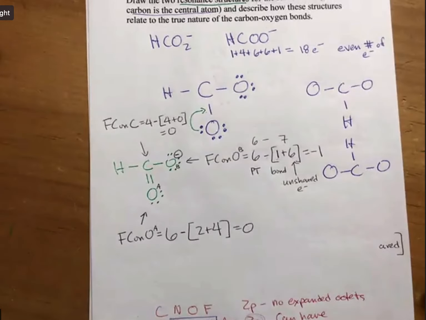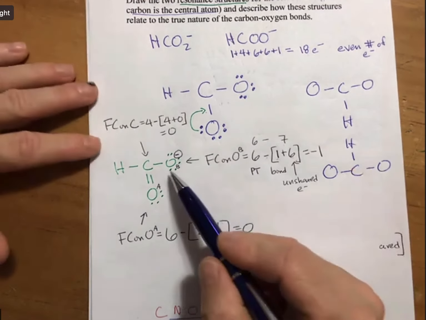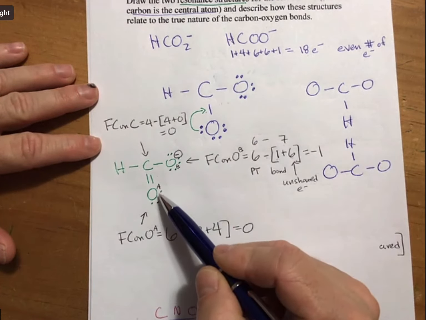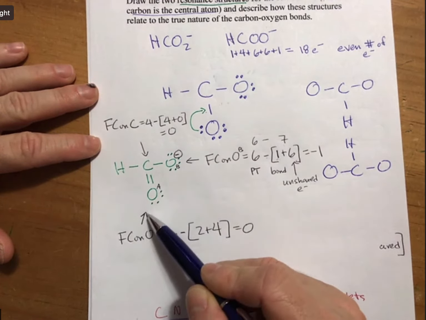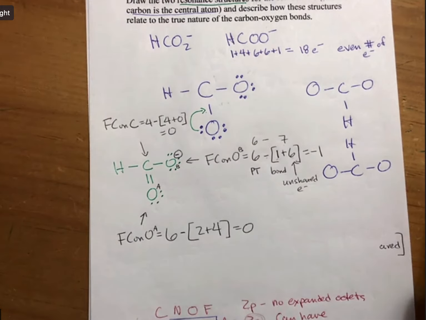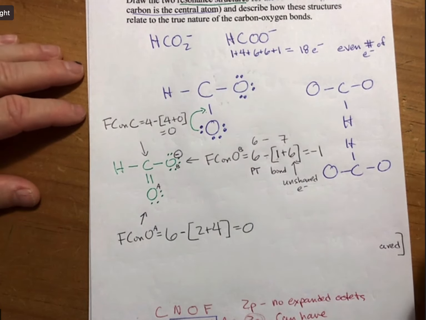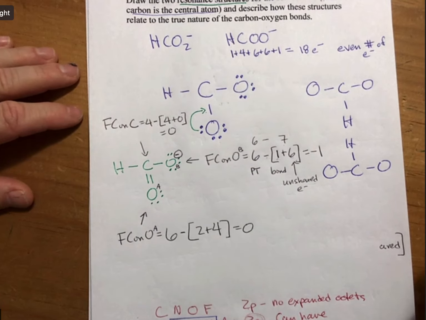But as you know by now, you just need to show me enough so that I understand what you did. You can use the A's and the B's, you can point, you can do both. Whatever helps you is where I am.